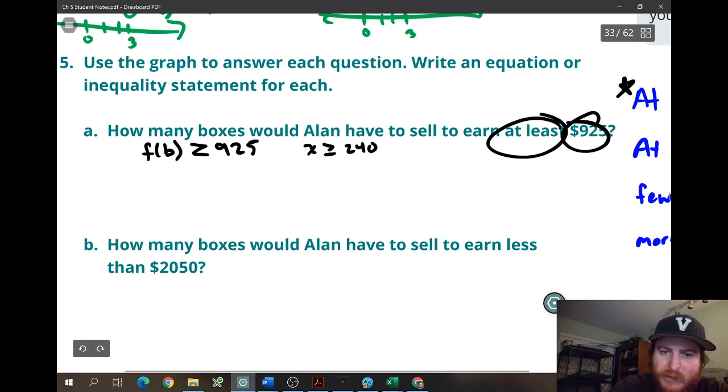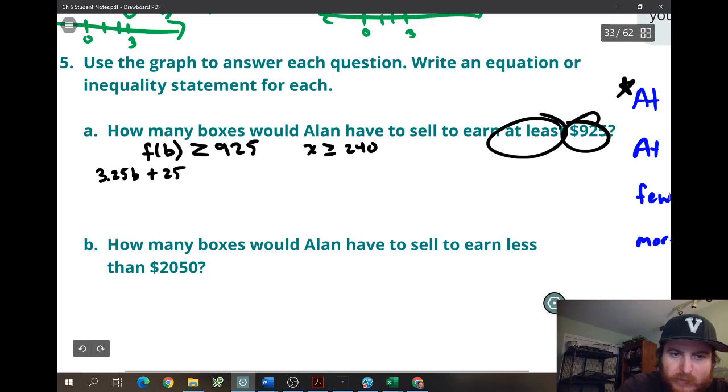That was my guess from the graph, but let's prove it. Where I see f of b, I'm going to put in 3.25b plus 25. How would I solve this? I would subtract 25 from both sides. You would get 3.25b is greater than or equal to 900.